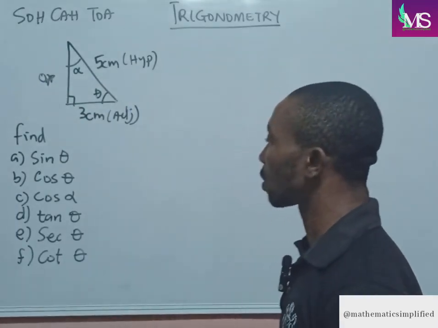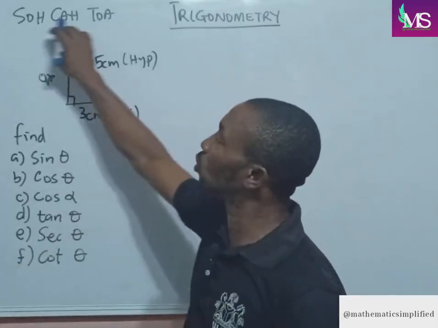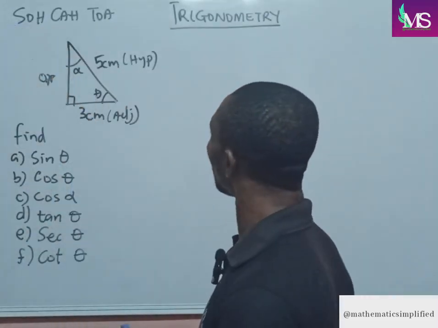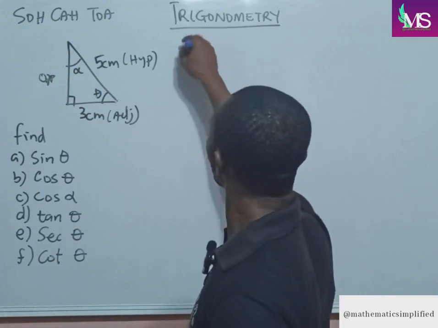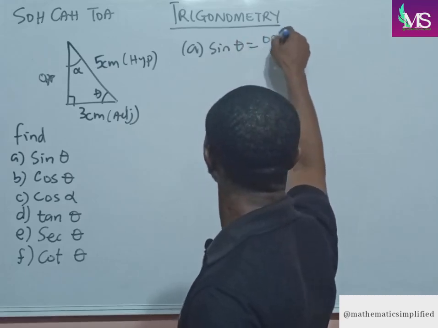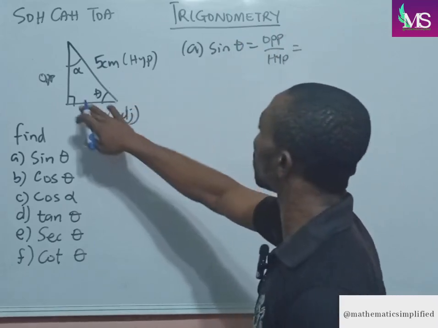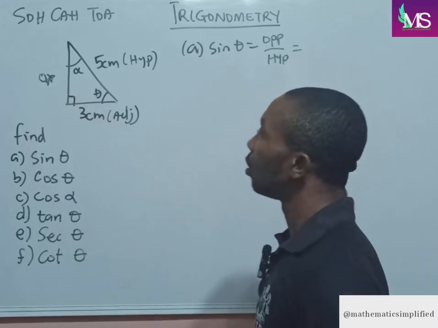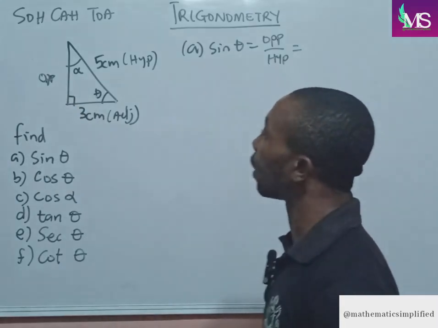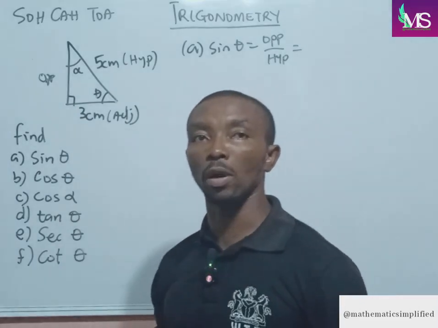Now our first question says find sine theta. And we know that from our SOH-CAH-TOA, sine theta equals opposite over hypotenuse. Now, what's our opposite? Our opposite we do not know, so we are going to find our opposite using Pythagoras theorem.